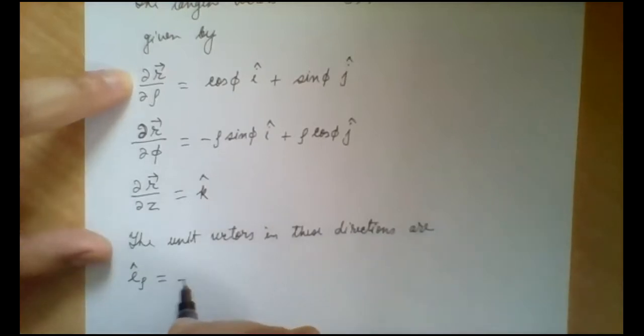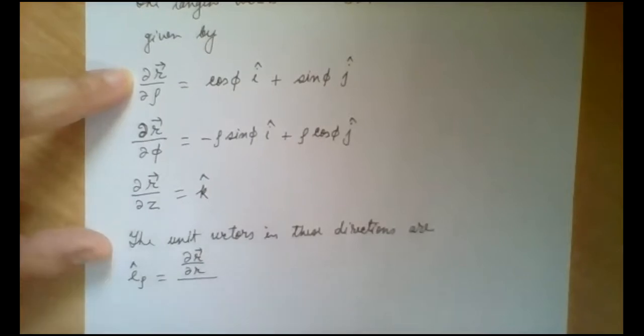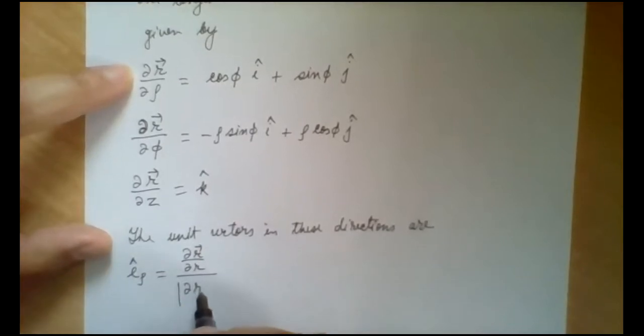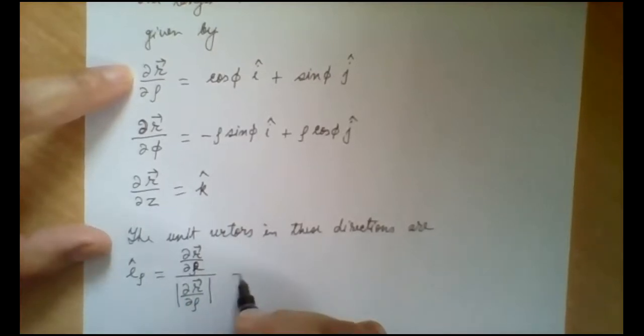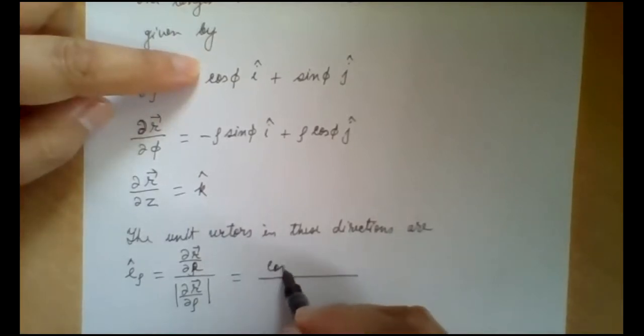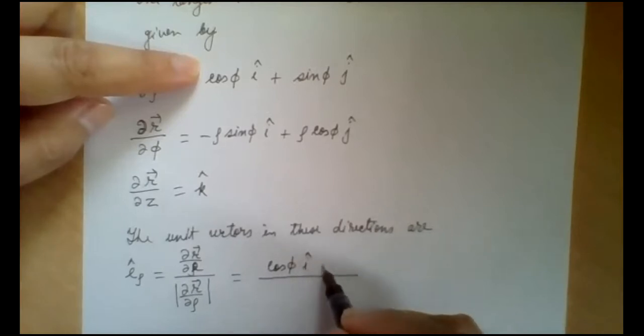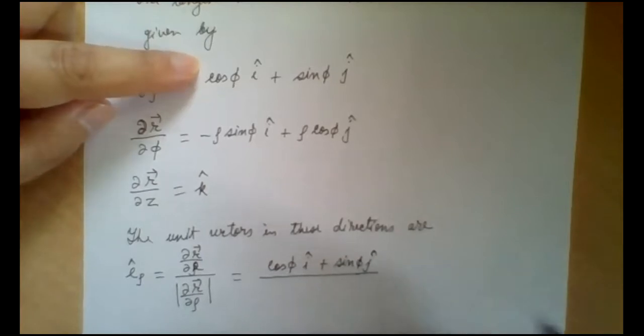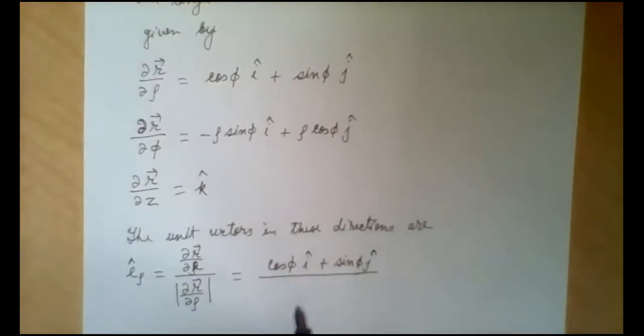So this will be del r by del rho divided by the magnitude of del r by del rho. What is del r by del rho? It is this: cos phi i hat plus sin phi j hat. And what is the magnitude of this vector?